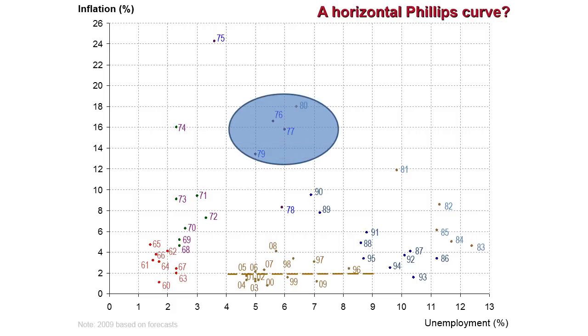However, if you look at two other cases, you see in the late 70s and early 80s, this appears to have become upward sloping. Or in the noughties, we could have any level of unemployment at a low inflation rate. So the relationship itself had broken down, at least in its current form.